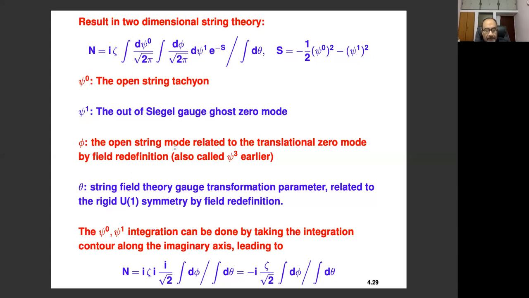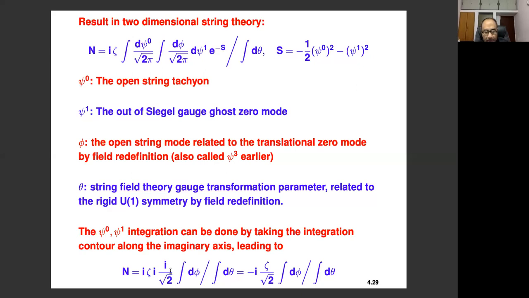The result of doing that is that you get two factors of i. Sorry, I should have had one more factor. Yes, two factors of i, and this is the factor zeta. You get two factors of i because the steepest descent contours are along the imaginary axis: one factor of i from the psi 0 integral, one factor of i from the psi 1 integral.